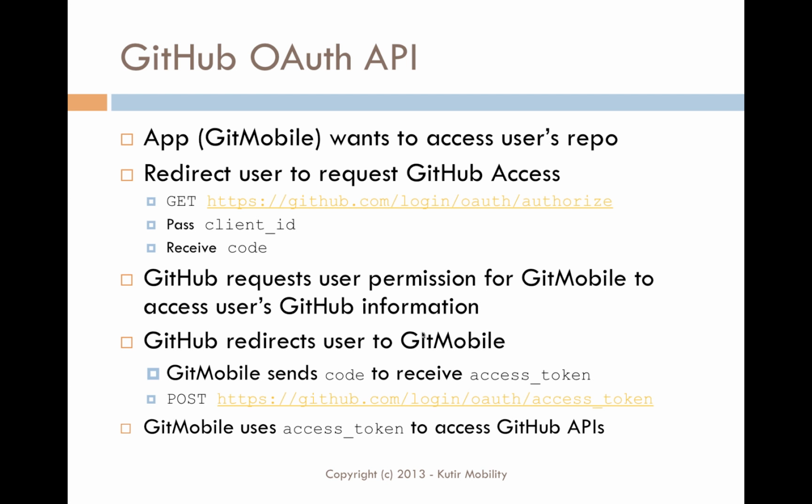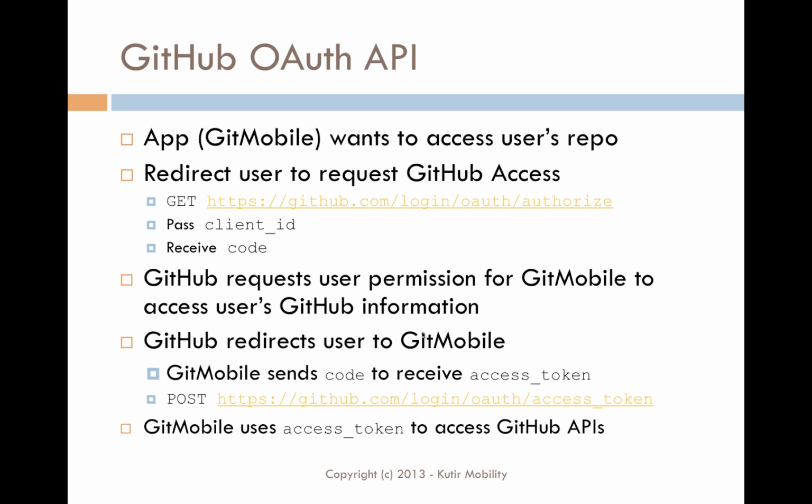At this point, if you have been able to successfully log into GitHub, then GitHub pops up a page that says, hey, Git Mobile wants to access some of your data on GitHub. Do you want to give permission? And if I say yes, then GitHub redirects me back to Git Mobile. And this time, we have to send the code that we received in the previous step to receive an access token.